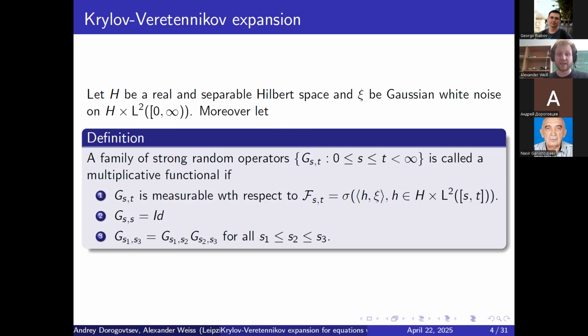Then we have a family of random operators, G_st, and these are called multiplicative functionals if G_st is measurable with respect to the filtration which is induced by the increments of this Gaussian white noise, G_ss should be the identity, and we have such a flow property, so to say.